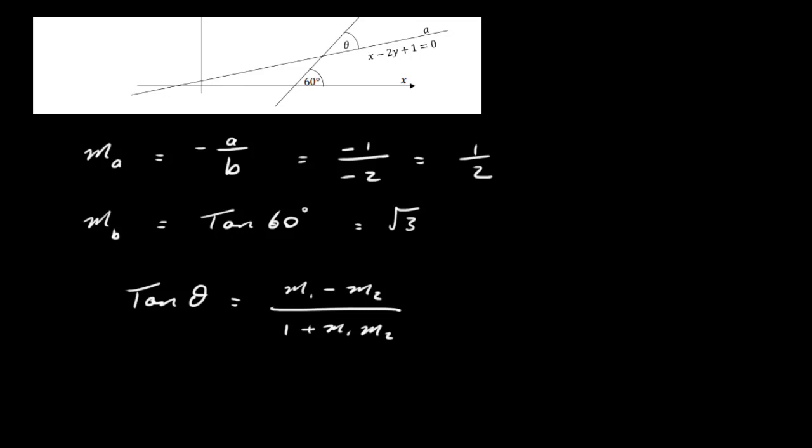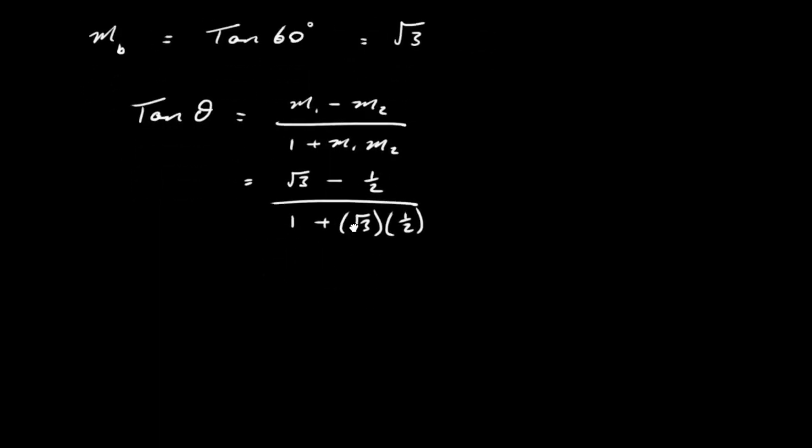Now there would normally be a plus or a minus here, but we're only looking at an acute angle here, so we're just going to look at the positive solution here. So m1, let's say, is root 3, we'll use root 3 as the first one, minus 1/2, and then divided by 1 plus root 3 times 1/2. This is what we've got to work out. That'll give us the tan of theta.